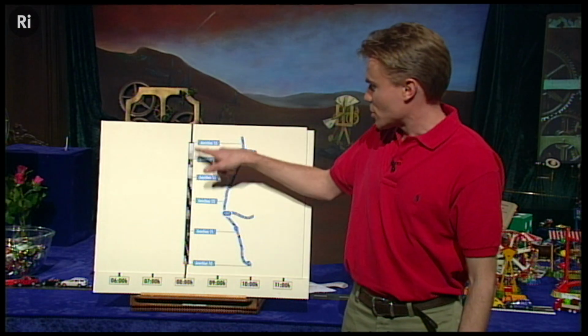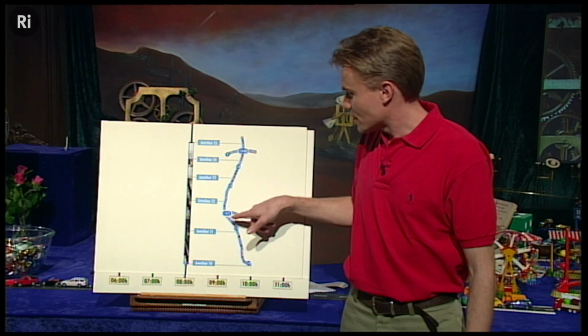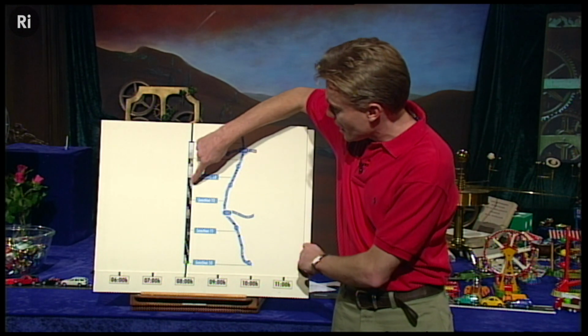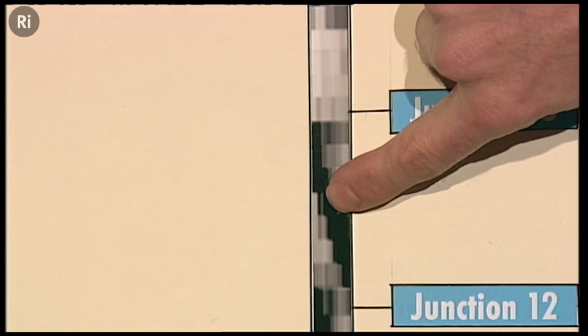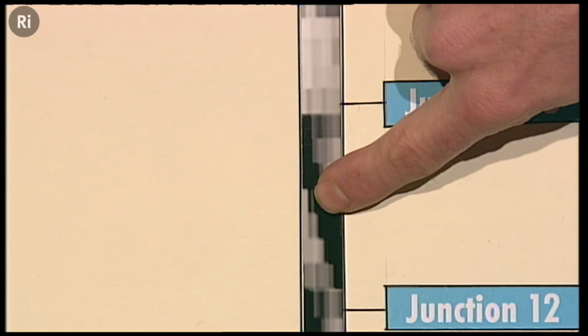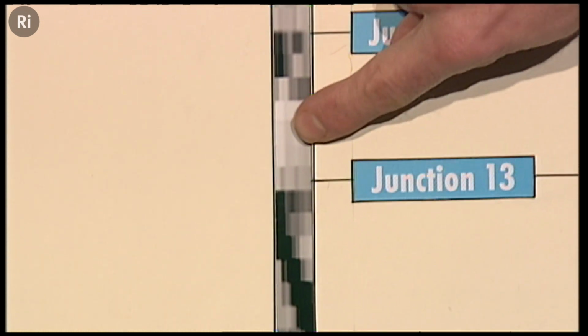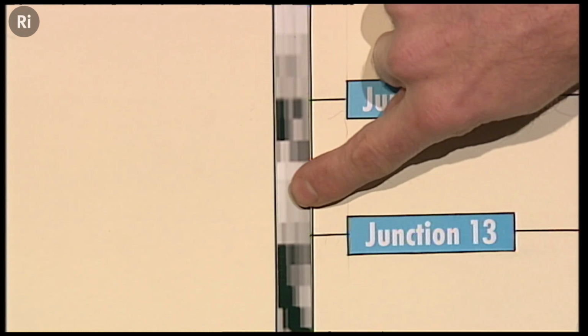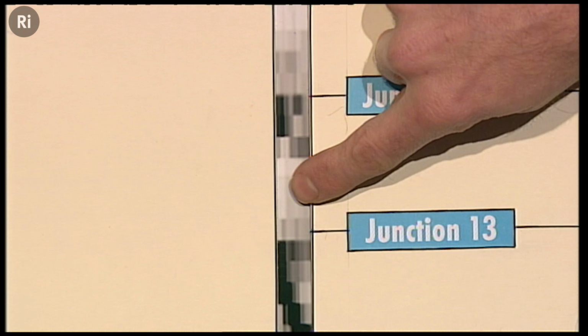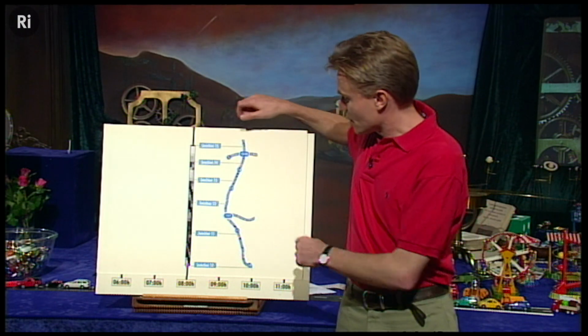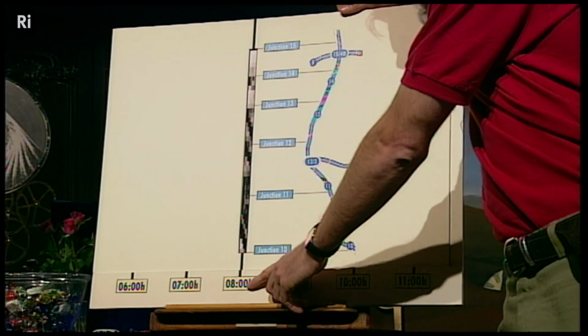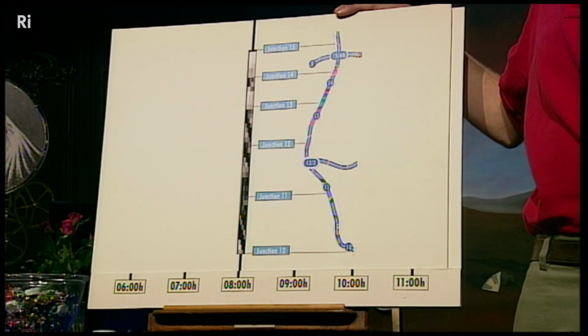And this is a snapshot of the traffic. Now, the dark regions are where the traffic is moving very slowly. So you can think of it as a traffic jam. And the light regions are where the traffic's moving reasonably quickly. So there's no traffic jam there. And this was taken at 8 o'clock in the morning.